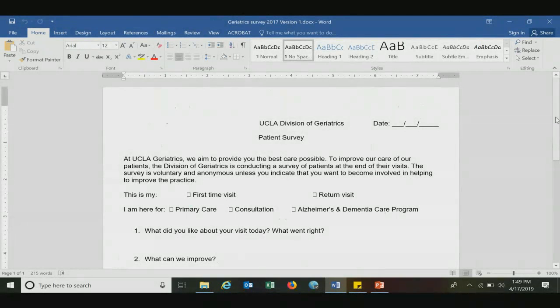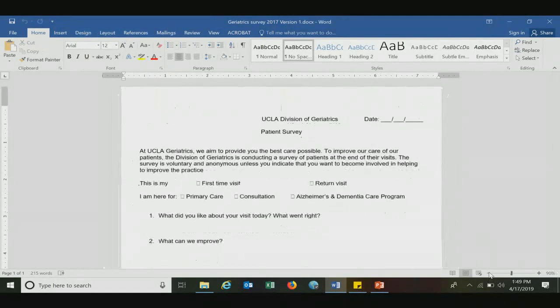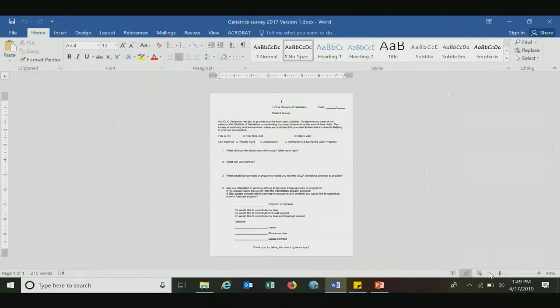So first of all, let's take a look at it. I'm going to zoom it down and then we'll zoom it up. They fit it all on one page. Is that good? Yes, that's great, because then you're not asking somebody to turn over. You're not going to miss data because people forgot to turn it over.